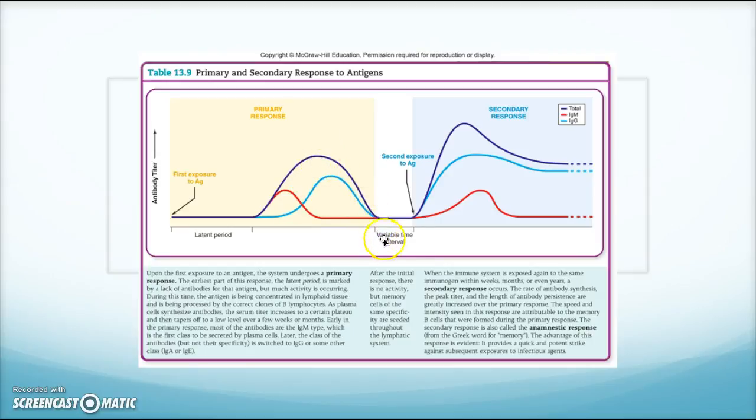Now, if we were to go for some variable time interval, this could be weeks, months, even years, we have that second exposure to the original antigen. And what we see is no latent period. We get this immediate reaction of the different antibodies. And that not only happens much more quickly, but at a much higher rate, which means that the infection is taken care of much more quickly with the second response.